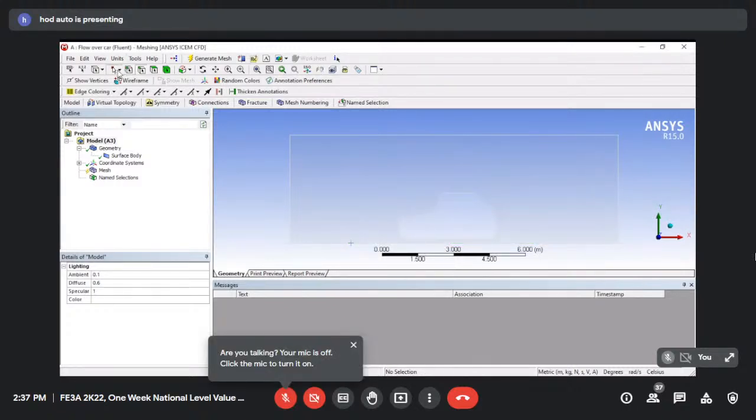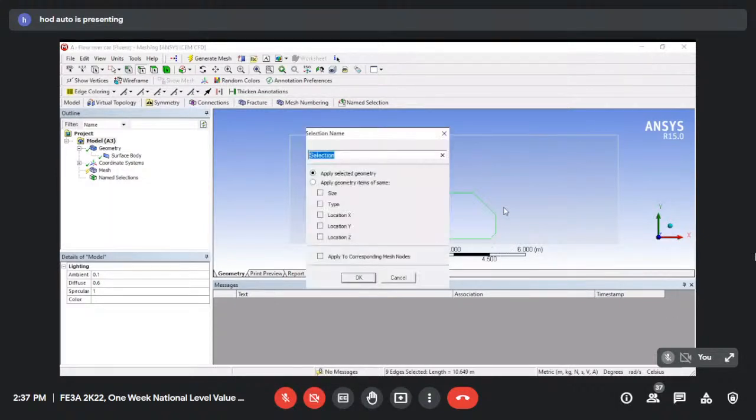Then I'll go for box select. All that particular surface has now been selected, and then call it vehicle body.